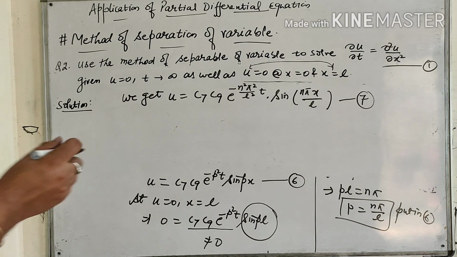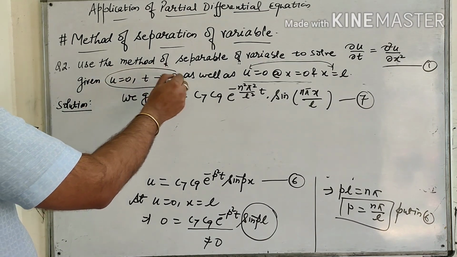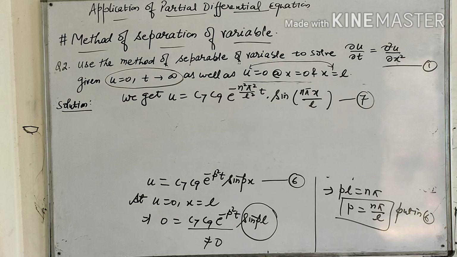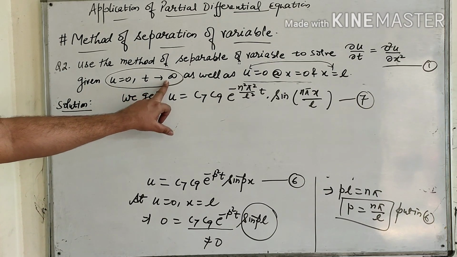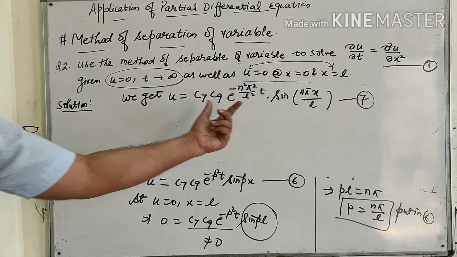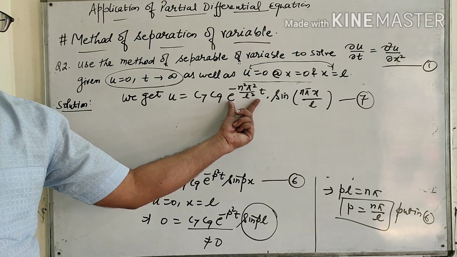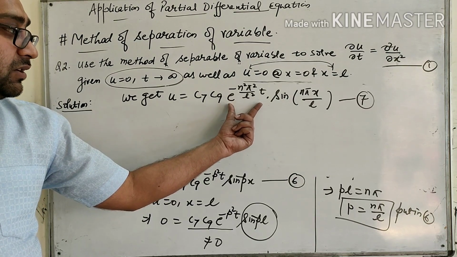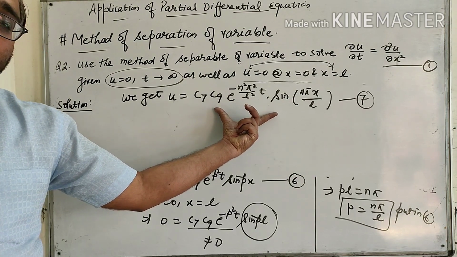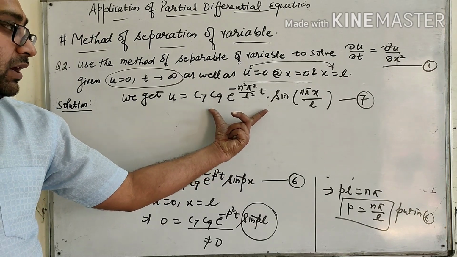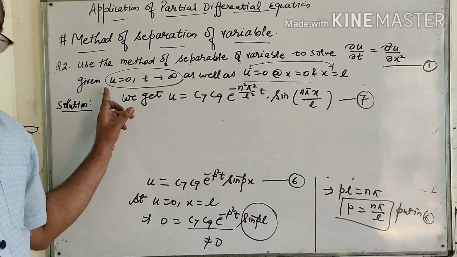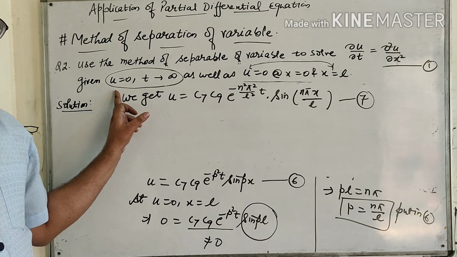Now one boundary condition remains, and if we put u equals 0 at t equals infinity, this will become 0, and if this is 0, then the entire function will become 0. So we cannot find any particular solution at this particular boundary condition.